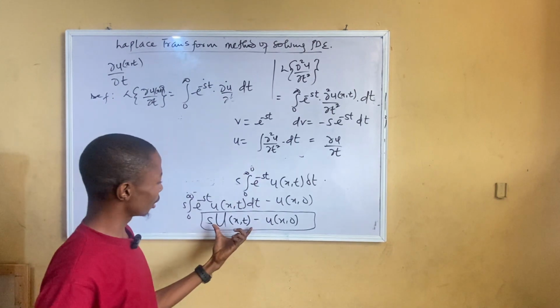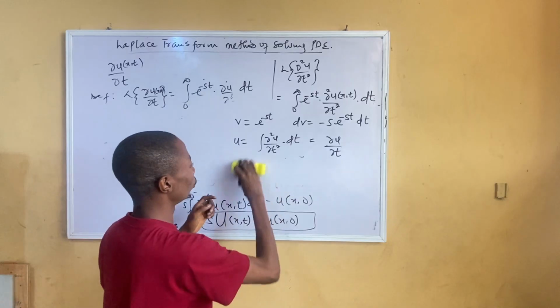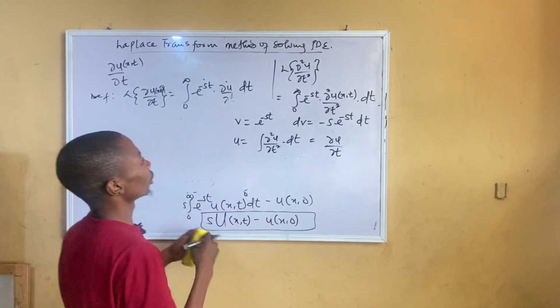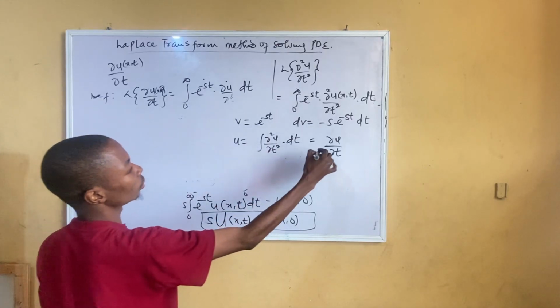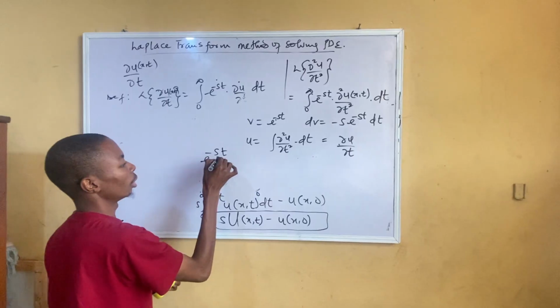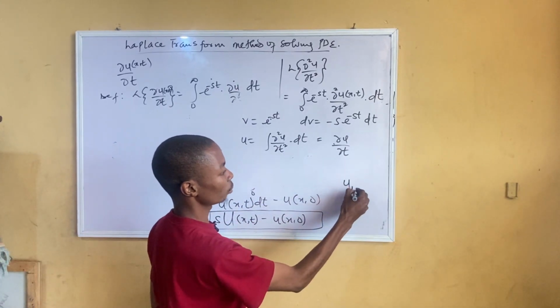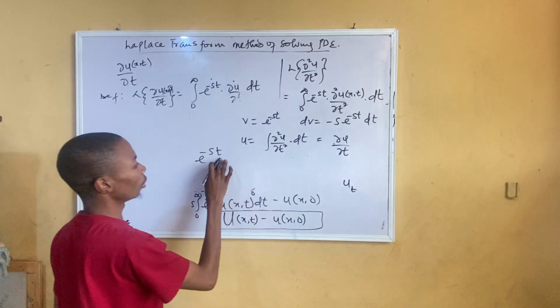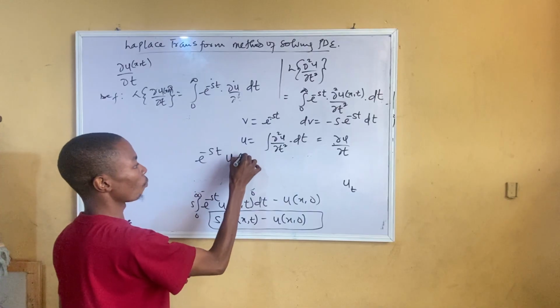Now putting it into the formula of integration by parts, so the Laplace transform of the second derivative will be uv, that is e to the minus st multiplied by du dt. Since we are dealing with a partial derivative, we can write it as u sub t of x comma t.